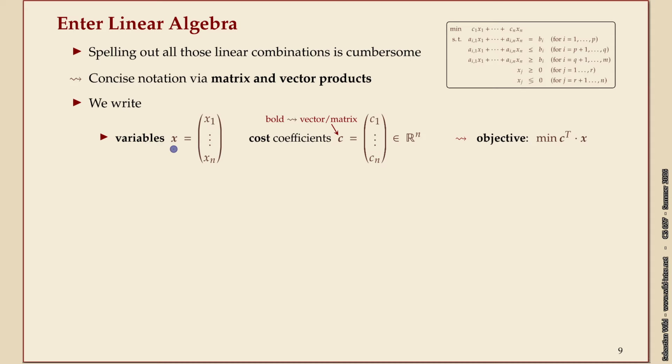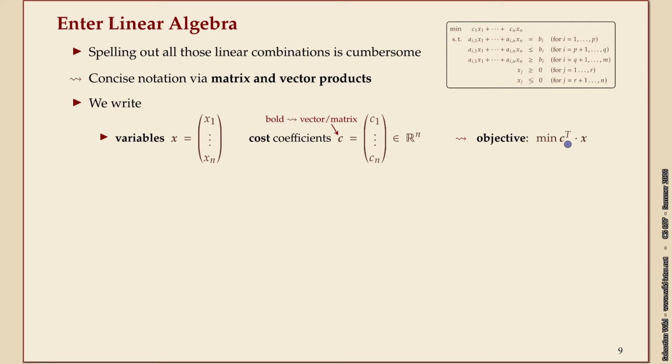Right, so we have the variables, and instead of x1 to xn, I'll write the column vector x, bold x. For the cost function, we have the coefficients. That's another vector, c. They have the same dimensions, but they're both column vectors. So if I want to get back the objective function, I should take the scalar product or dot product.